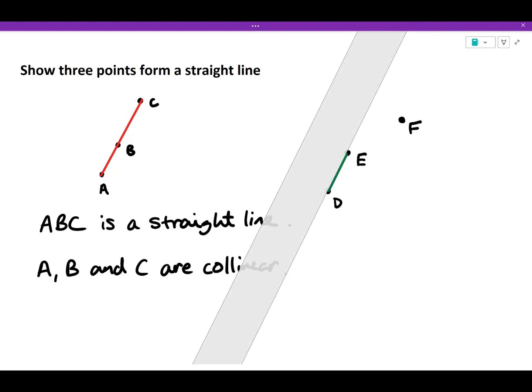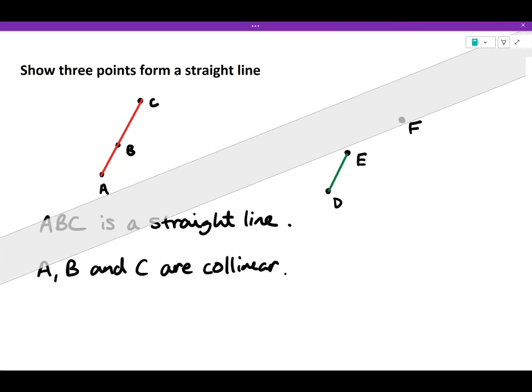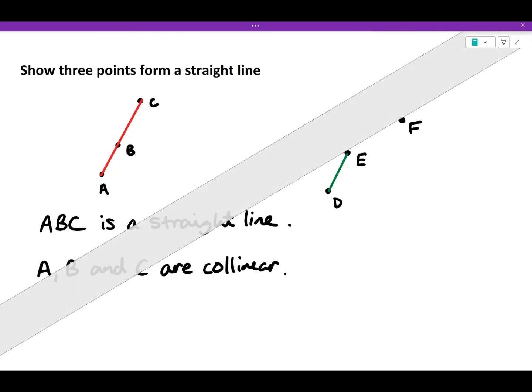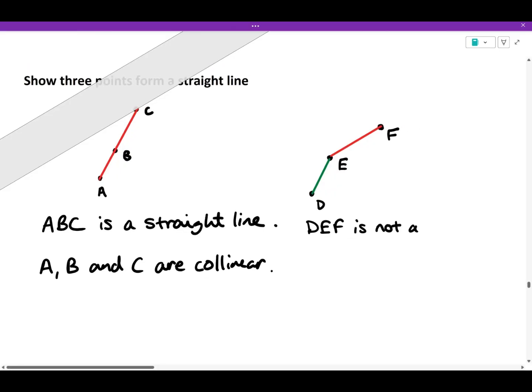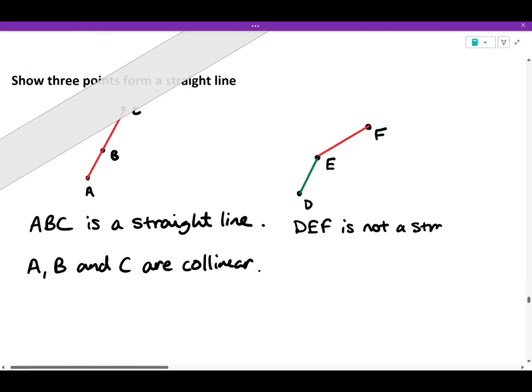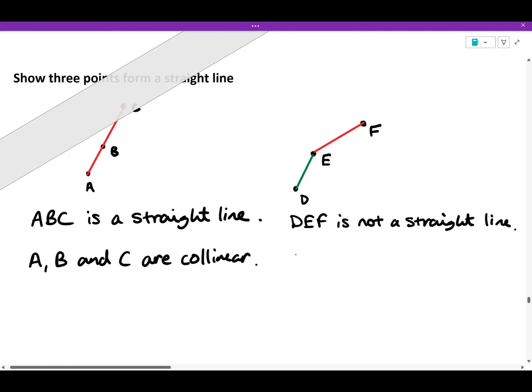But then I'd have to draw a separate straight line to join up E and F. So I managed to join them up, but it's 2 separate straight lines. So you cannot say that DEF is a straight line. In fact, we would say the opposite. DEF is not a straight line. Or we can say that the points D, E, and F are not collinear.